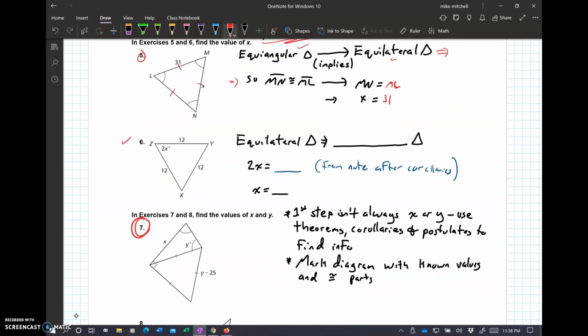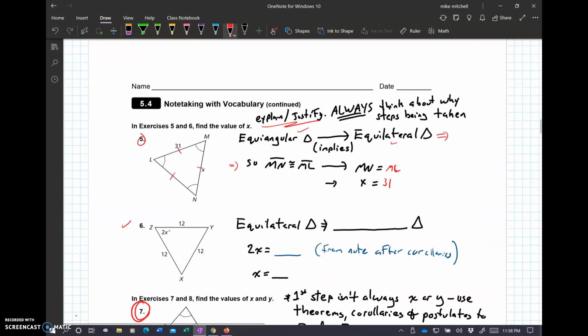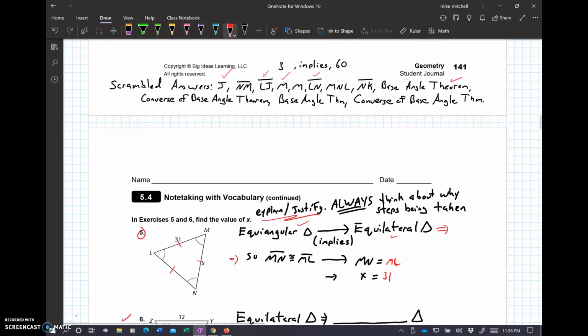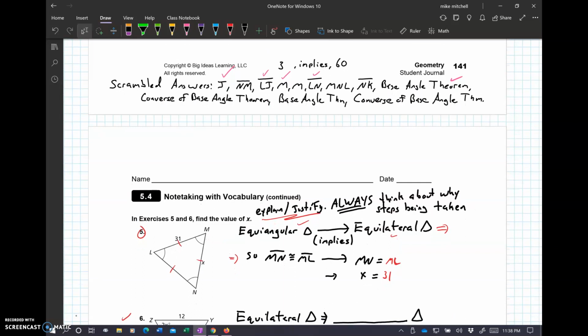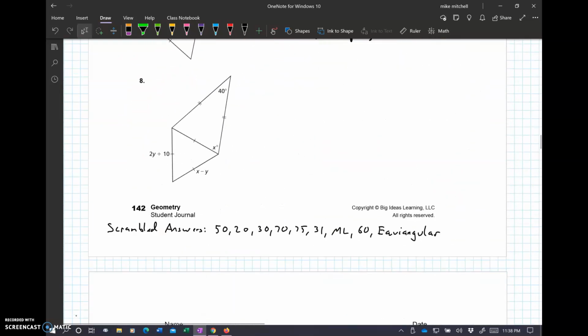I'll let you finish up number 6 here. Let me see where some of these answers are. Oh, they're all up on the other page. MN equals ML or LM. I don't see that one up there. I must have missed this one. And the 31.